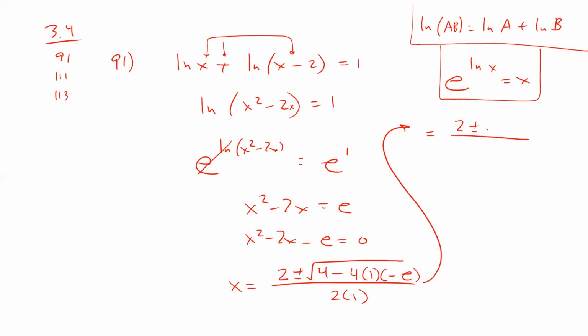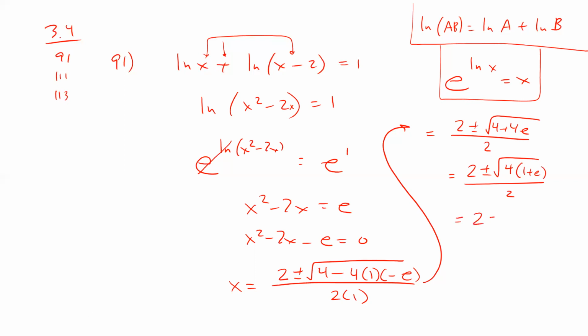Inside the square root is negative 4 times negative b, so it's 4 plus 4e. 4 is a perfect square, so it actually gets to be factored out. It leaves us with something that looks like that.